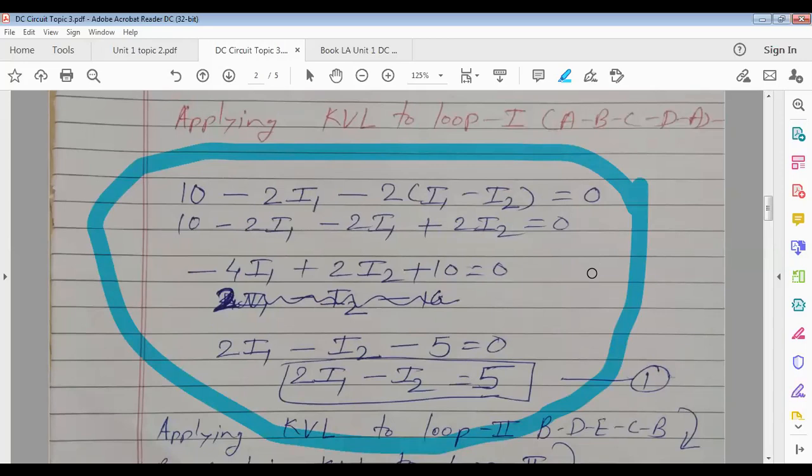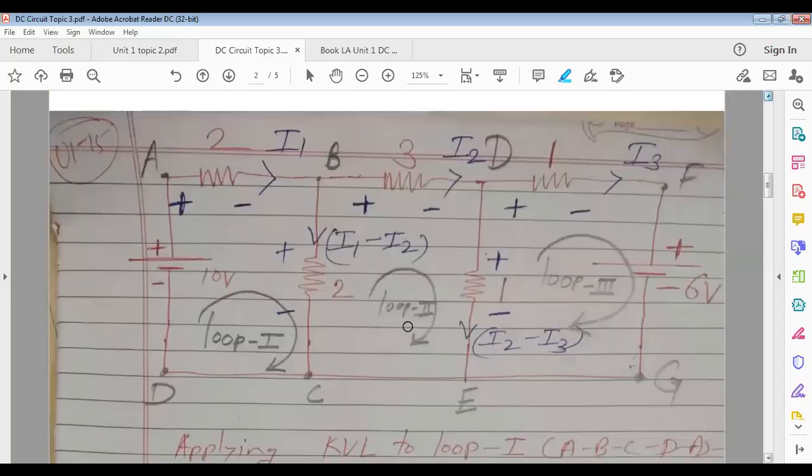Okay. So see, for loop 2, in which direction are we moving? Clockwise direction. Okay, so move clockwise.